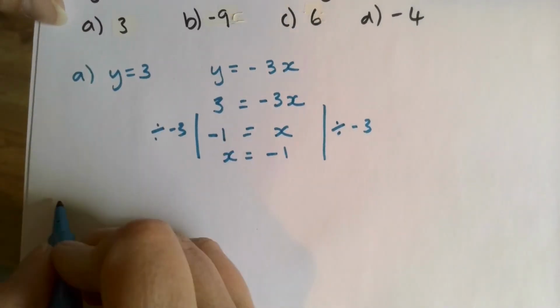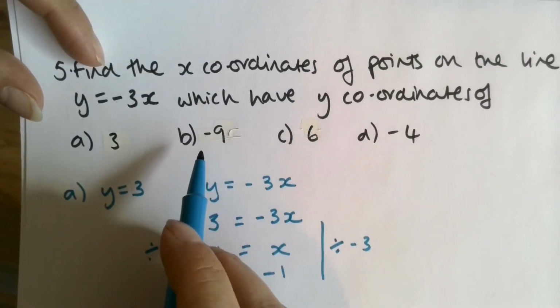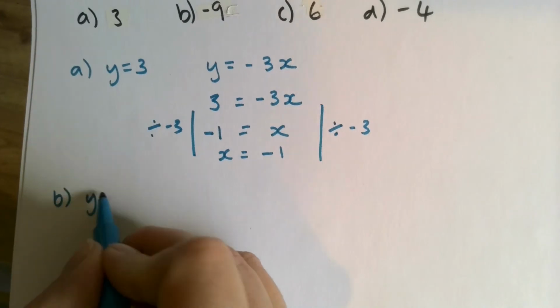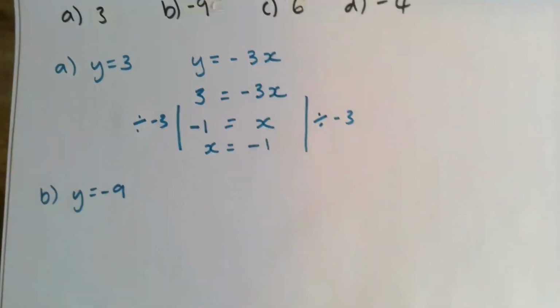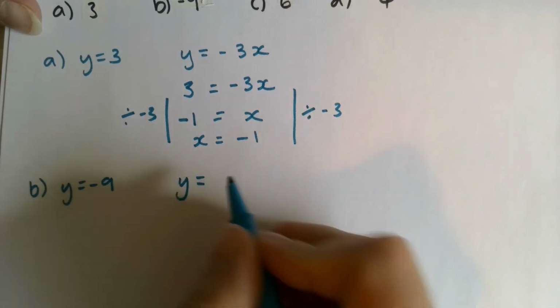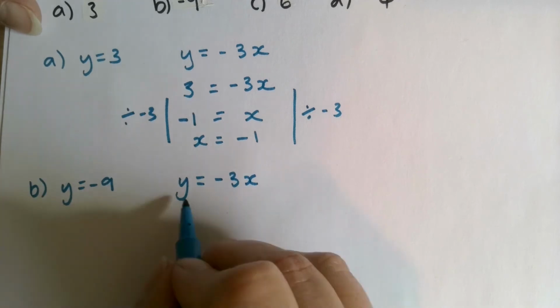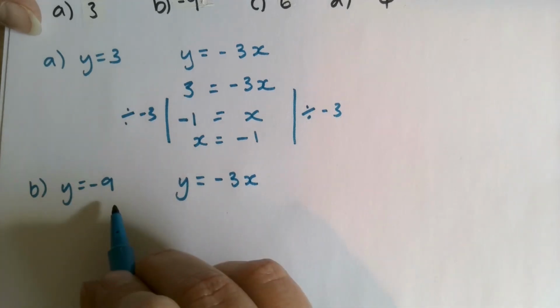So for part B, we are told the y coordinate is minus 9. So that's the first thing I write down just to get myself organized. So y equals minus 9. Y equals minus 3x is my equation, and I fill in what I know. So I know that y is minus 9.